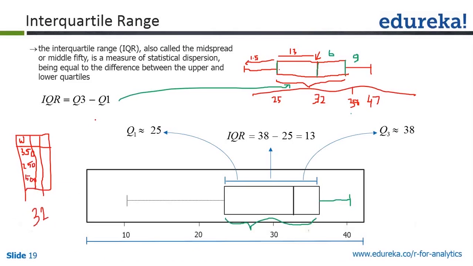Now if one has to calculate the mean, you can calculate it, right? The mean is somewhere around 300 and something, say close to 300.